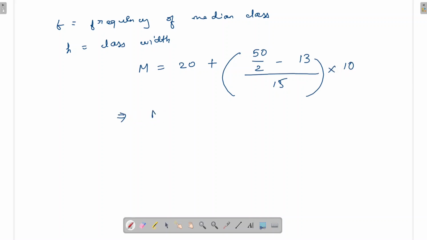So M is equal to 20 plus (50 by 2 is 25, minus 13) divided by 15, into 10.